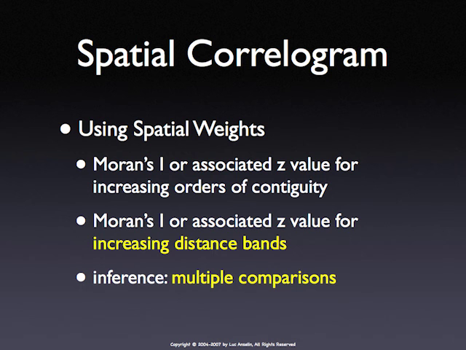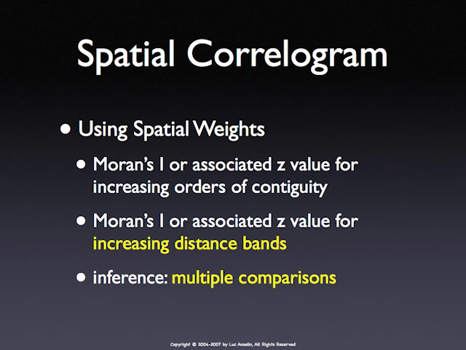So you can't tell specifically that one Moran's I of 0.4 is stronger evidence of spatial autocorrelation than another Moran's I of 0.3. You can only say that in reference to their weights matrices, and the z-value actually takes that into account by incorporating the information about the weights in the mean and in the variance. So it's kind of controlled for that. So I prefer to use the z-values to do this comparison.